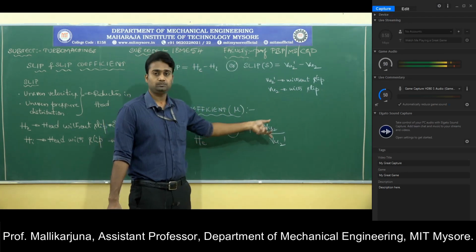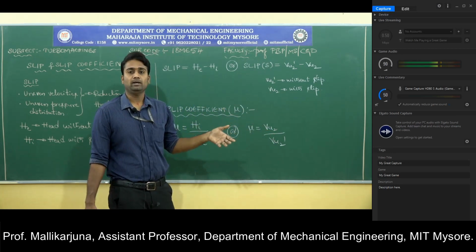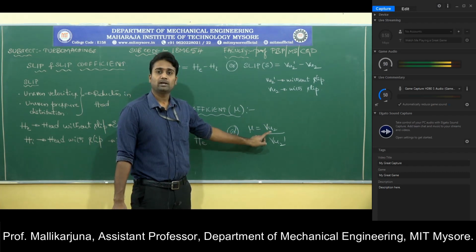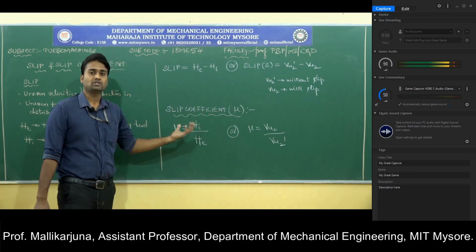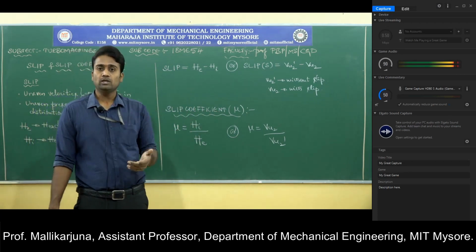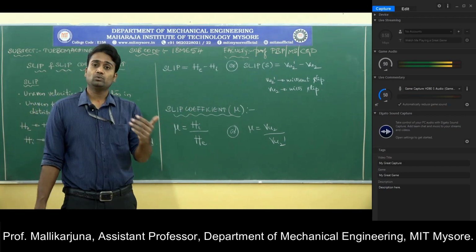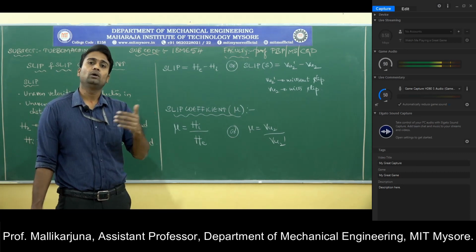So, this ratio is considered as the slip coefficient and it is denoted by mu. Please make sure with slip values will be in the numerator, without slip values will be in the denominator on either definition: ideal head to Euler's head, and Vu2 divided by Vu2 dash.